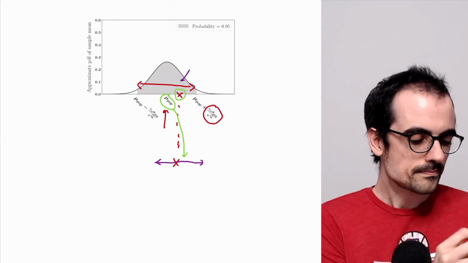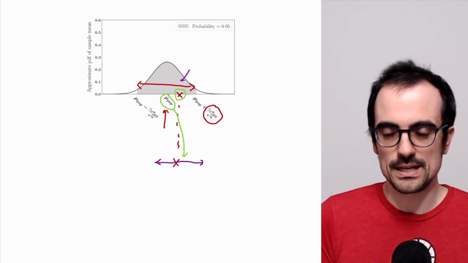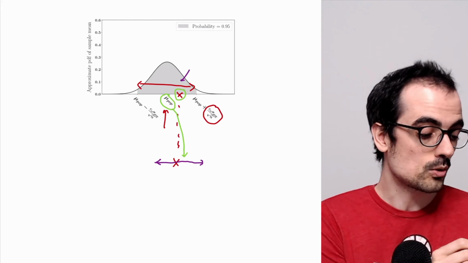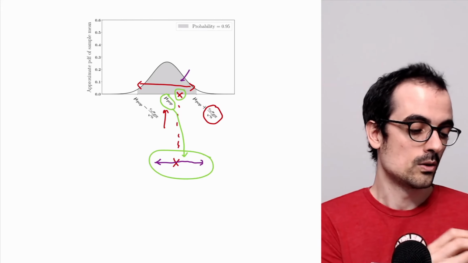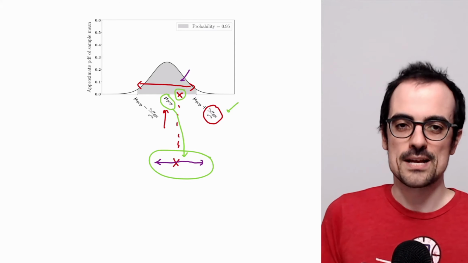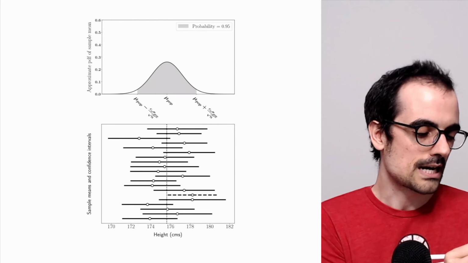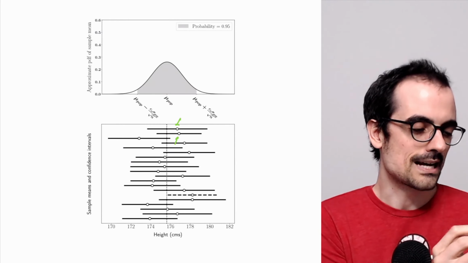Of course, we have to assume that the sample mean has a Gaussian distribution, and also that we know this width, which requires knowing the standard error, but we will get to that in a moment. Okay, but imagine that you can actually estimate that width, then you can build confidence intervals around each of your sample mean estimates.